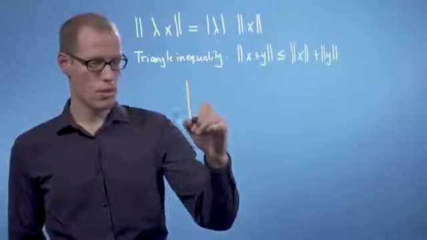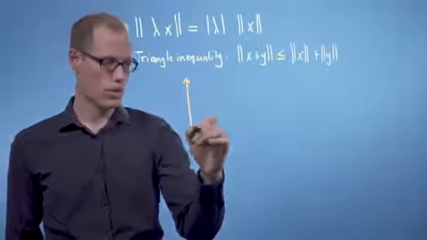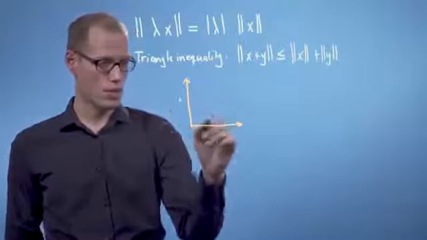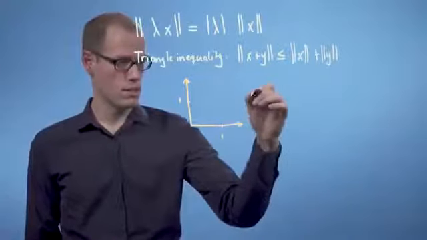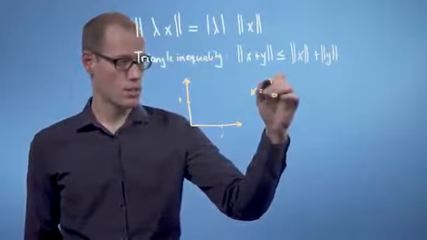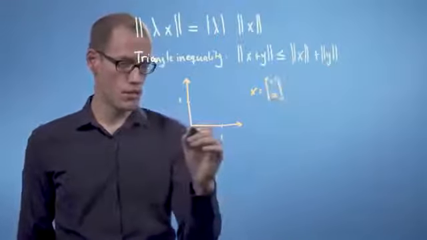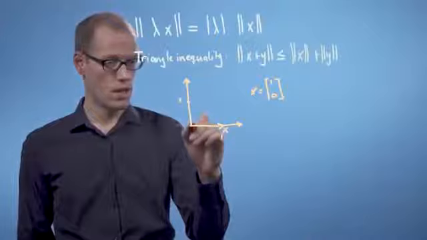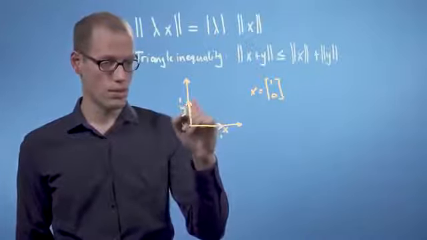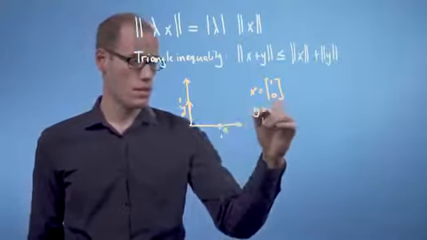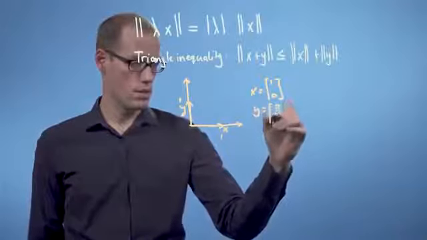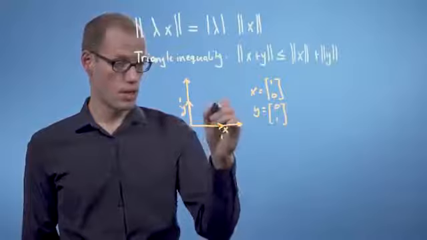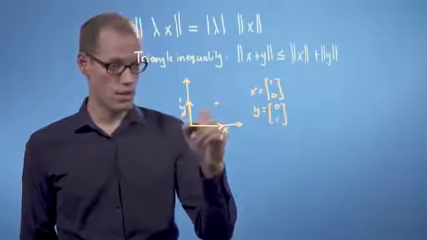Let's have a look at an illustration. So let's assume we have our coordinate system in 2 dimensions, and we use the standard vectors x equals (1, 0). So x would be sitting exactly here. So this is x, and y is (0, 1). Then x plus y is sitting here.